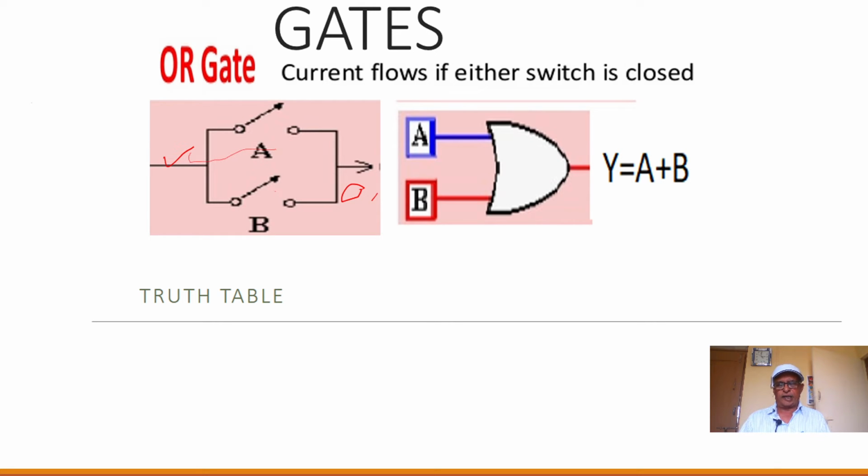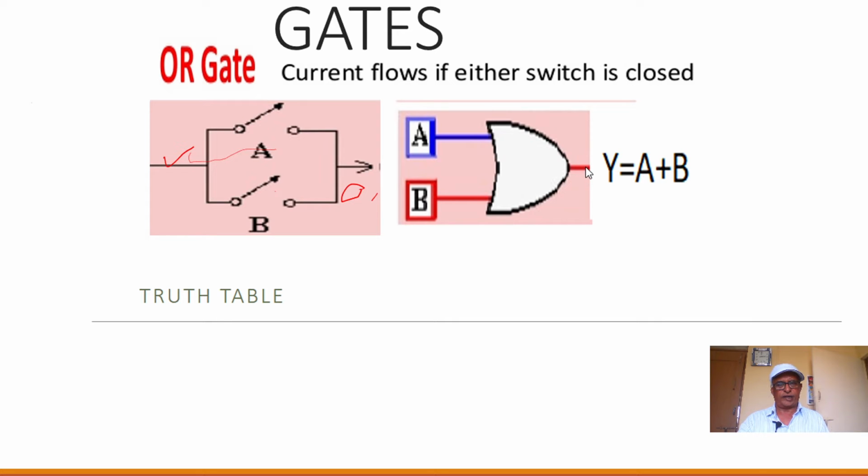Switch A is called input A, while switch B is input B, and these inputs are connected to the curve part of the symbol of the OR gate.